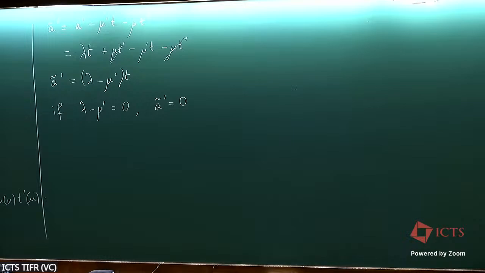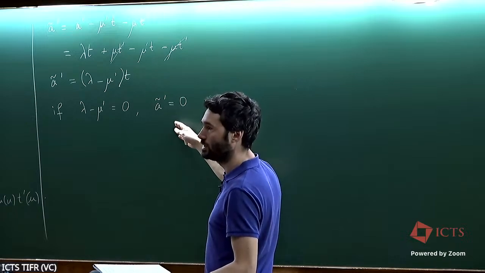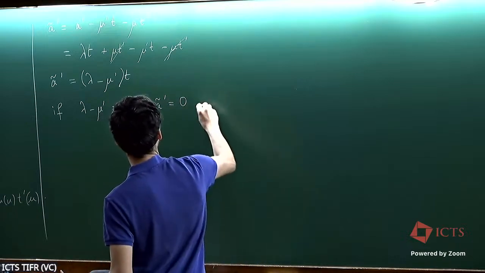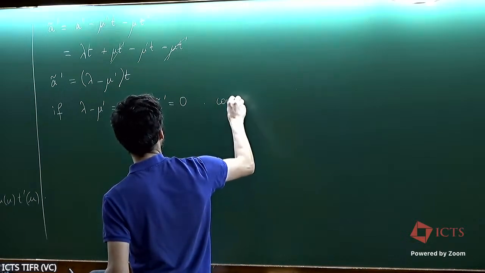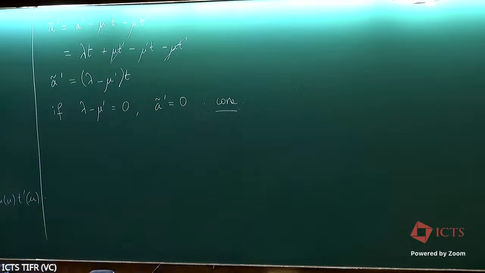So this means that a of u is not on the surface. The same is true for a tilde, which doesn't have to be on the surface. So in this case, it is a cone.